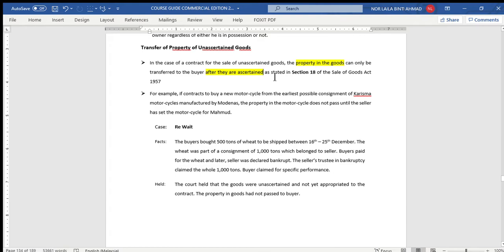So before the goods become ascertained, the one who will bear the risk is the seller, not the buyer.